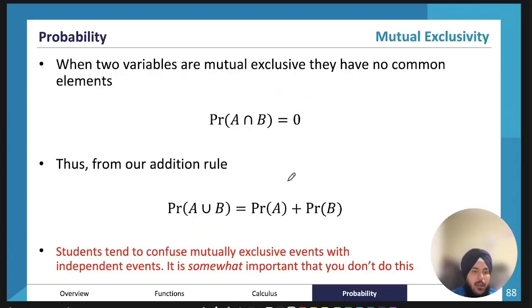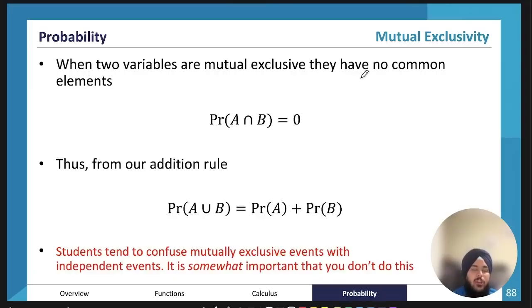Okay, so next, we can look at mutually exclusive events. These are events that cannot occur together. So for example, it raining and it being sunny at the same time. Although that technically can happen, just for this case, let's pretend that it can't happen at the same time.